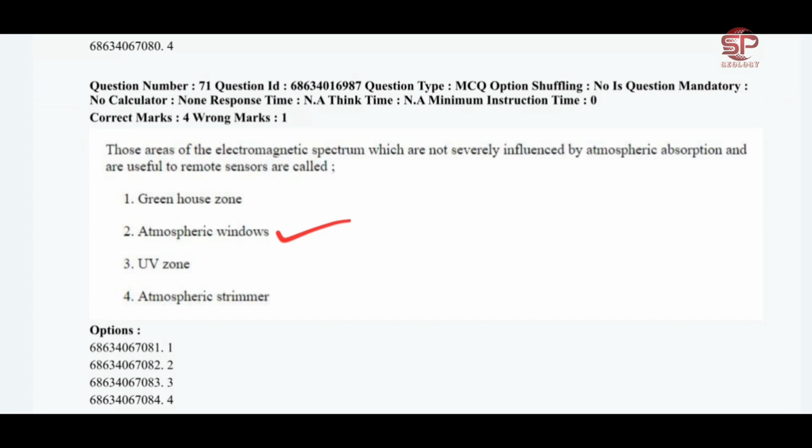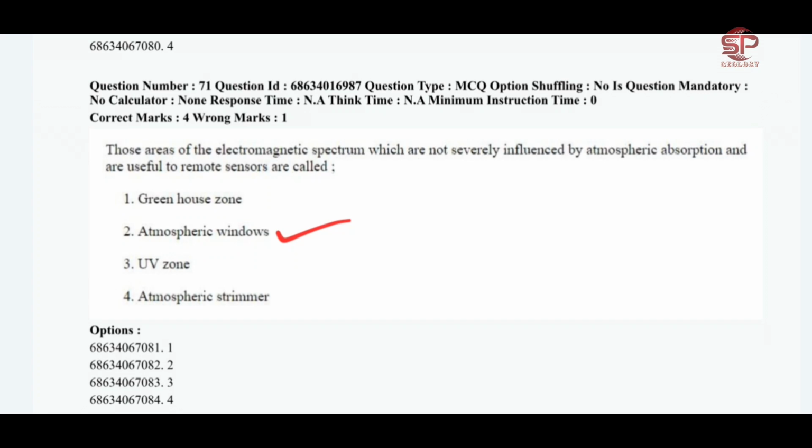Those are the regions of the electromagnetic spectrum where the atmosphere is relatively transparent. It cannot absorb those rays, so they can easily be used for remote sensing. If the atmosphere absorbs the rays, they cannot reach the target, so you have to use those rays that are transparent in the atmosphere. They are not absorbed by particles within the atmosphere, so they can reach the target.